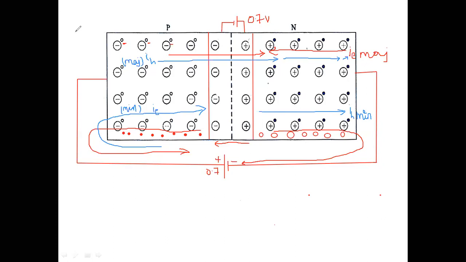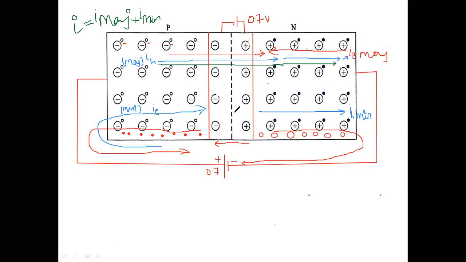Total current I is the summation of current due to majority charge carriers plus current due to minority charge carriers. So this is the current due to majority charge carriers, this side, and this is also current due to majority charge carriers.